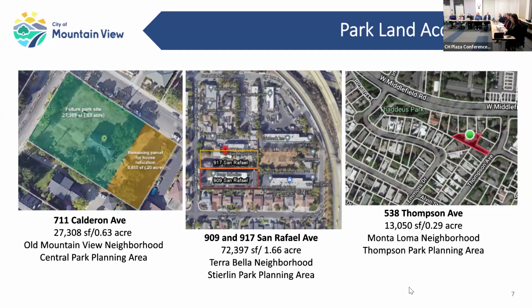I think park funds are going to be talked about. Lindsay's going to dive into it. I see that as a common theme. I don't know all the details as much as she does, so she'll go into the park funding. But from a real estate perspective, we want willing sellers. For example, 7-Eleven Calderon came to the city and said, would you be interested in buying our property? 538 Thompson was on the market.